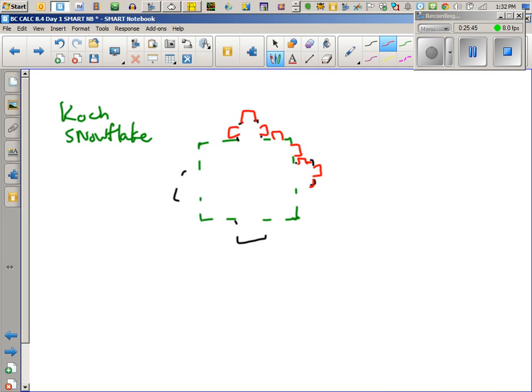Has anyone seen this drawing before? This is actually called a Koch snowflake, or Cook snowflake, I think is how it's pronounced. Not too great looking, but what you could do is go through and take each straight segment and erase the middle 1/3 and repeat this pattern.